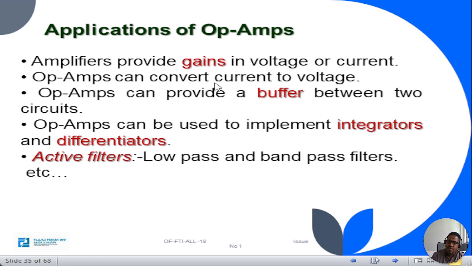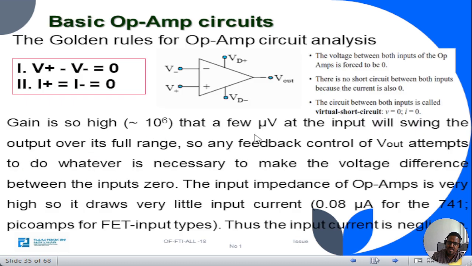What type of op-amp circuit is used to convert current to voltage? We will see in the later part. Again, an op-amp can be used as a buffer between two circuits, to implement integrators and differentiators, and as active filters, low pass and band pass filters. We will see all these applications by using different op-amp circuits.